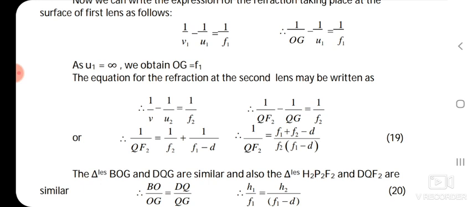If we equate the denominator, we get (f1 plus f2 minus d) divided by f2 into (f1 minus d). So 1 by QF2 is equal to (f1 plus f2 minus d) divided by f2 into (f1 minus d).